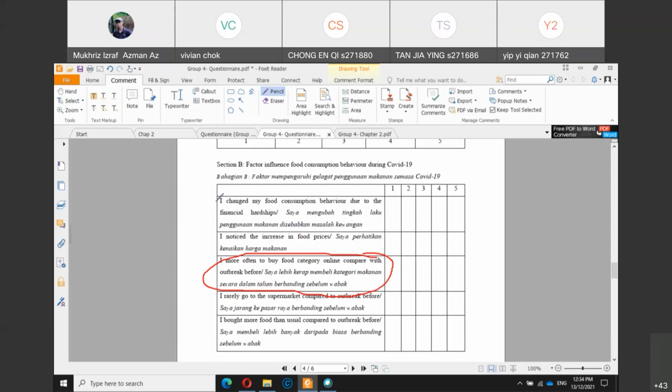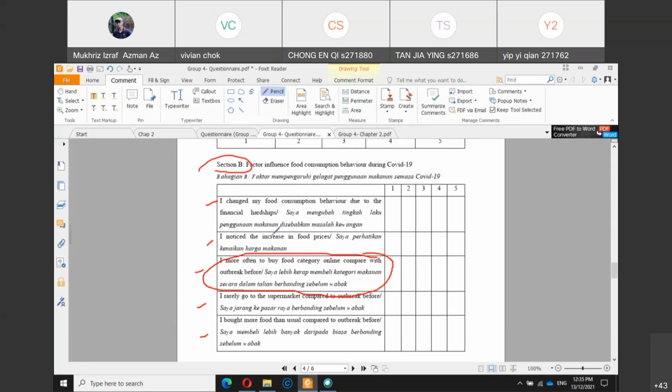I mean, do all the questions belong to the same thesis, or did you combine two or three theses into one section? I combined two. Macam mana? I mean, in section B here, do all the questions belong to the same thesis, or how did you combine? Not the same.